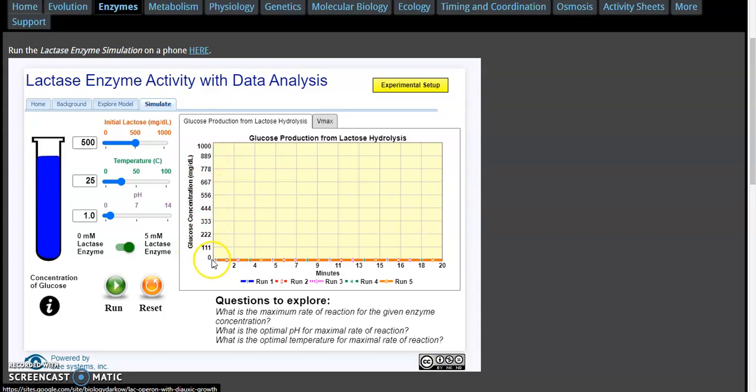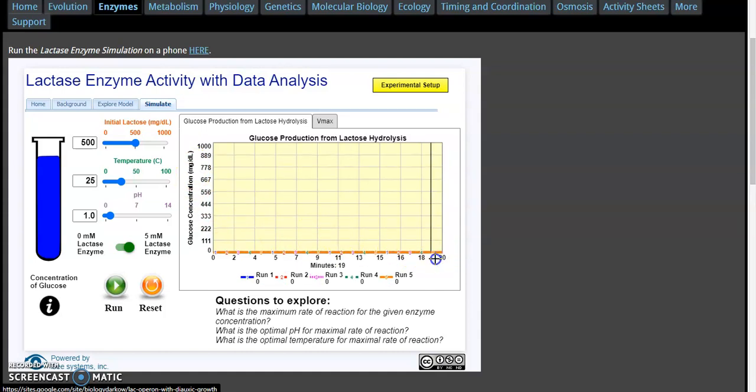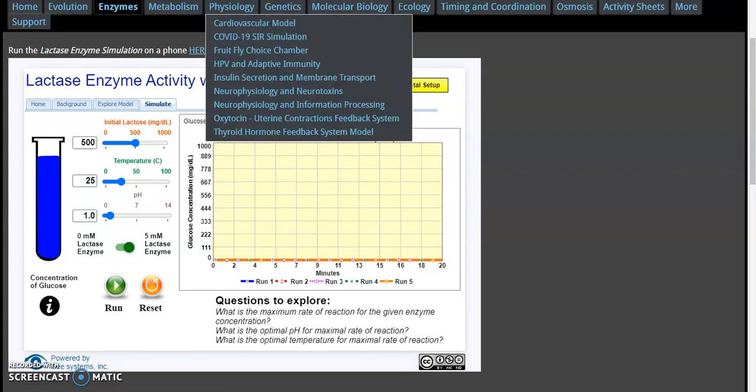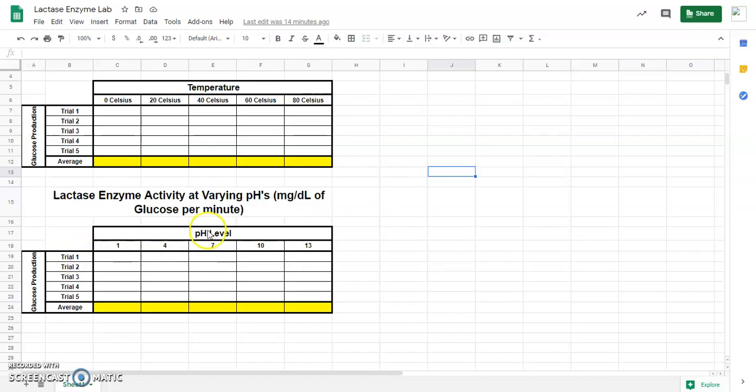Bottom is 0 glucose made, top is 1,000 glucose made. And you can see the unit of measurement there. But as you can see, it's 0 all the way across. So for a pH level of 1, trials 1, 2, 3, 4, and 5 are all 0. And so the average is, of course, going to be 0.